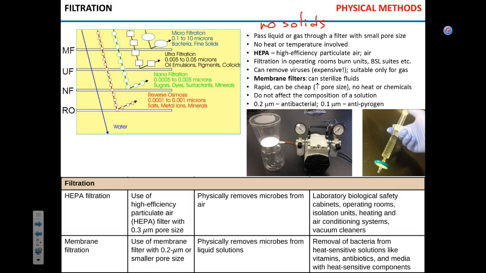This is why filtration is the method of choice for sterilizing large volumes of air. Filters that are used for air disinfection and sterilization are often referred to as HEPA filters, high efficiency particulate air filters. They're used in various settings, from operating rooms, especially for victims with severe burns, and those victims' lack of integumentary system exposes the underlying tissues to a lot of pathogens.